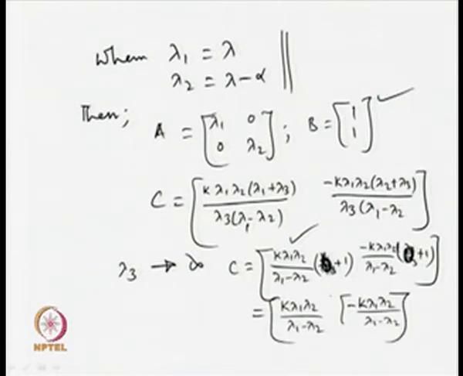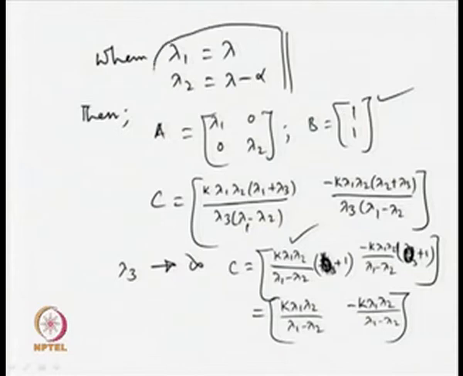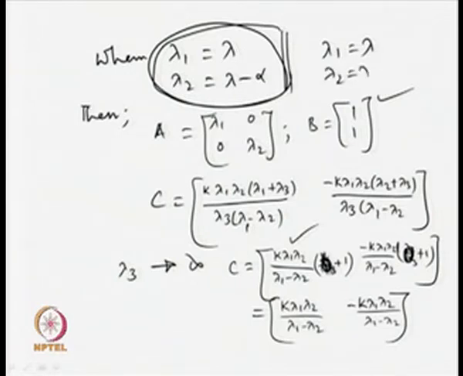So, finally, the reason for doing all this analysis is that with simple assumptions, when lambda 1 equal to lambda and lambda 2 equal to lambda minus alpha, with the constraint that alpha tends to 0, it is possible to find the transfer function model as a transfer function model with pole multiplicity.